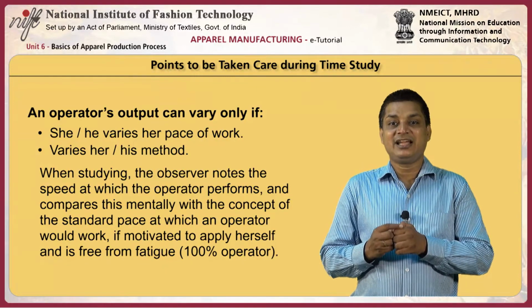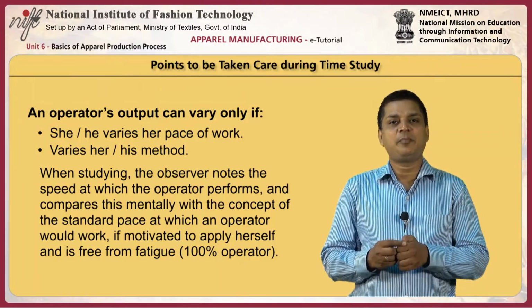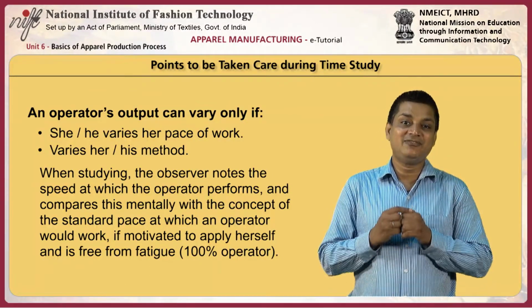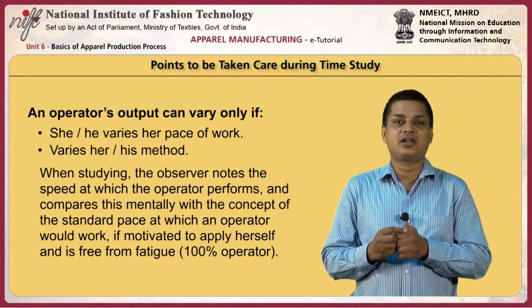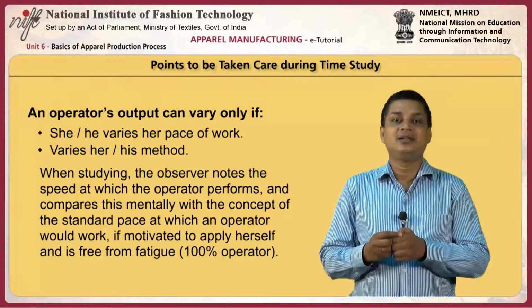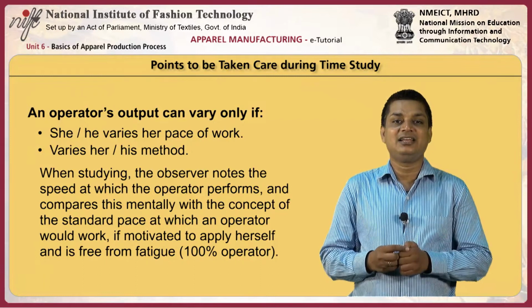Controversy over rating arises from a misunderstanding of what is being rated. An operator's output can vary only if he or she varies the pace of work or varies the method. The method includes the motion pattern, number of motions and intermotional delays.